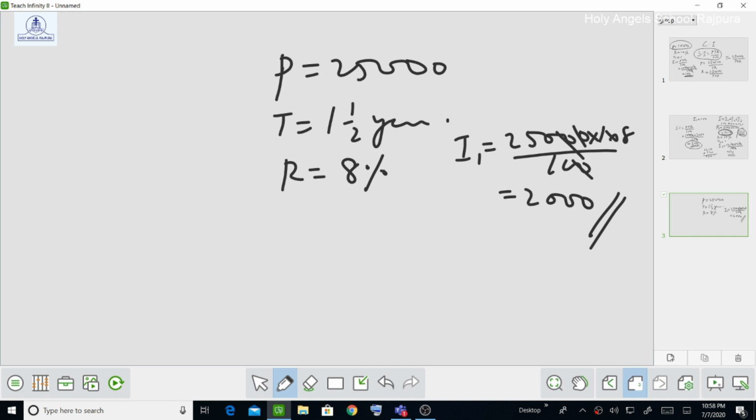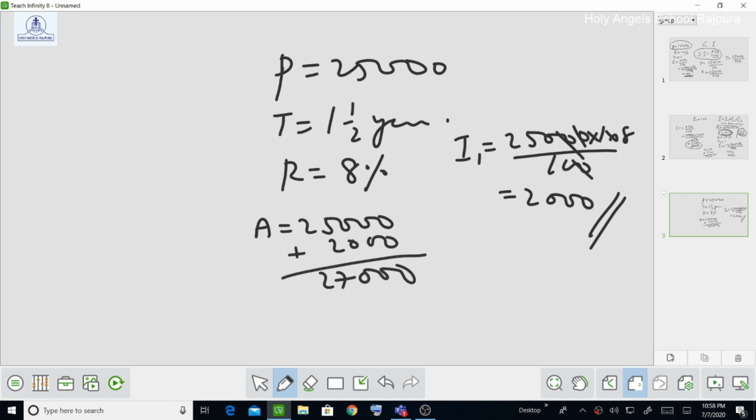So after 1 year the amount becomes 25,000 plus 2,000, that is 27,000. This is the amount after 1 year, which you may call A1.